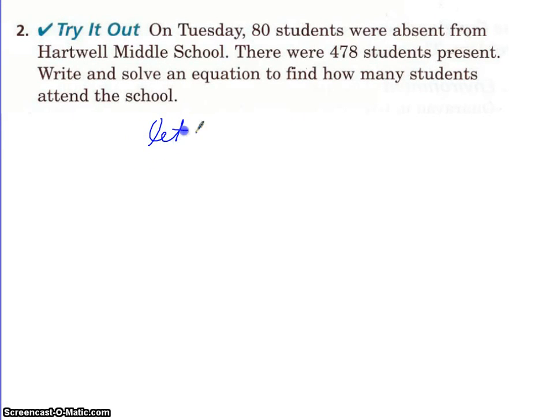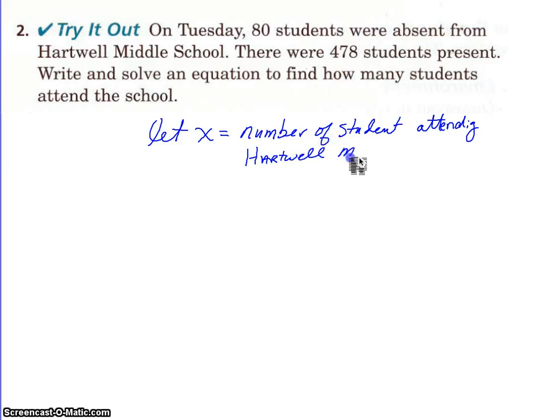Let x equal the number of students attending Hartwell Middle School. Okay, so we've defined our variable, it's going to be x.